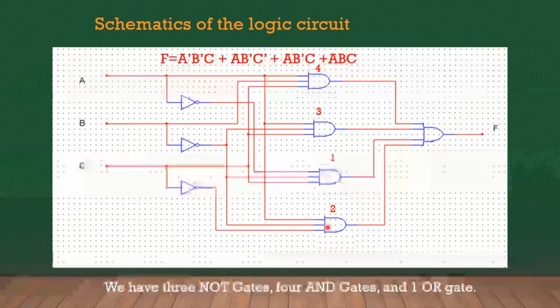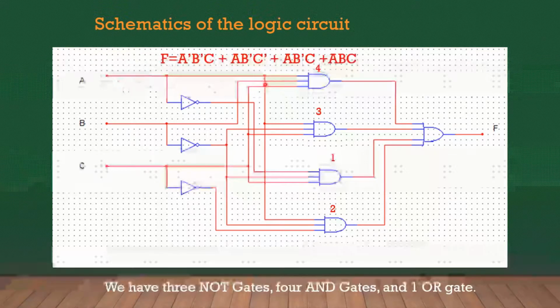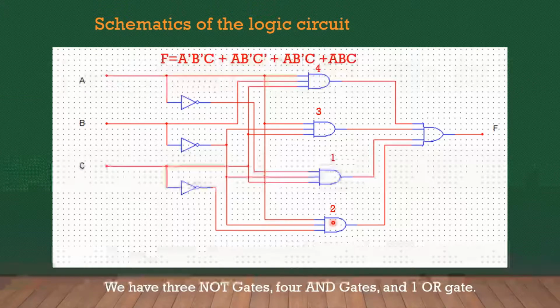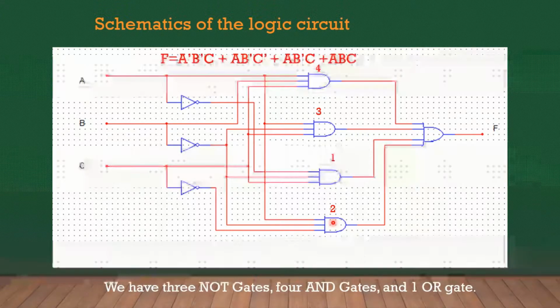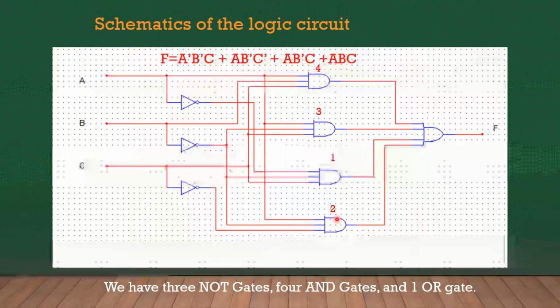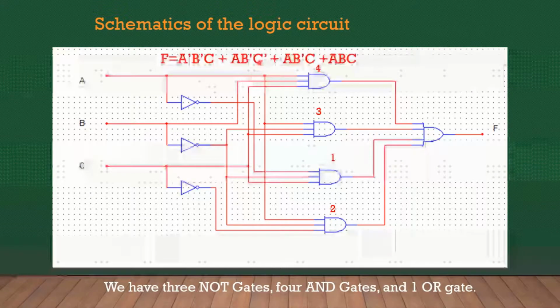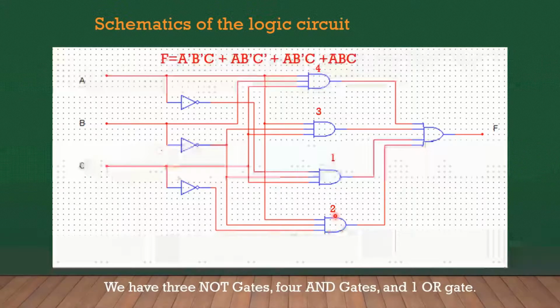The second one is A B naught C naught. A we connect here, and B naught and C naught are inputs for gate 2.